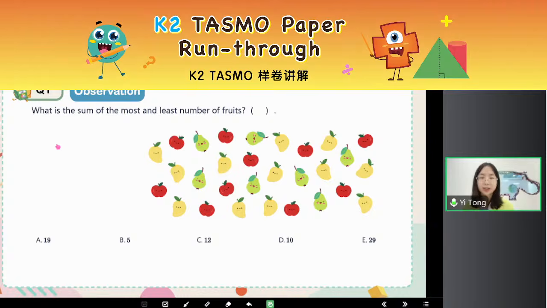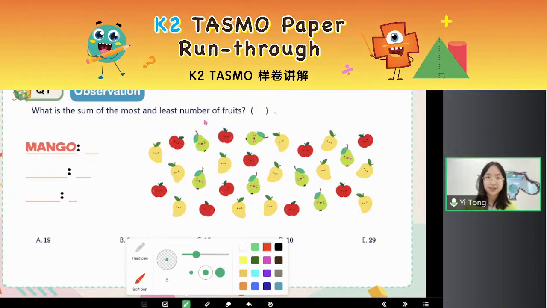Our first one, we can start with our yellow fruit here, mango. How many are there? We can count one by one. For example, we can look from top to bottom, from left to right.